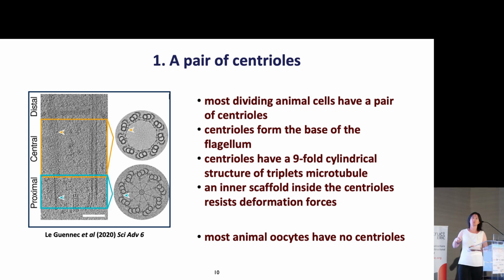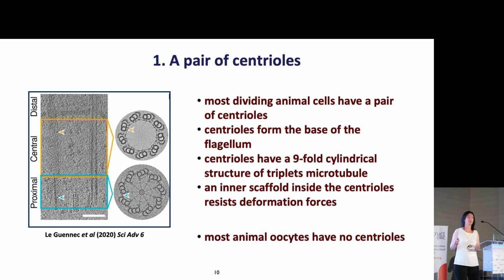And these are the ones that also form the base of the flagellum. They have a very clear structure: it forms this ninefold symmetric barrel that is made of triplet microtubules. So you have 3 microtubules, and you see 9 of them. So this is how centrioles should look.